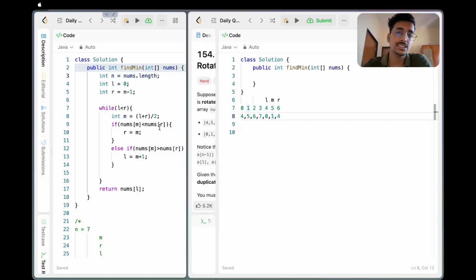Okay, my brain is getting blanked. Again, the mid position is 1.